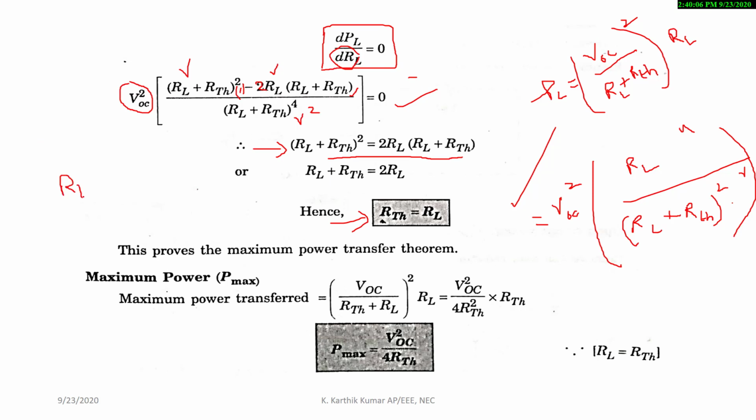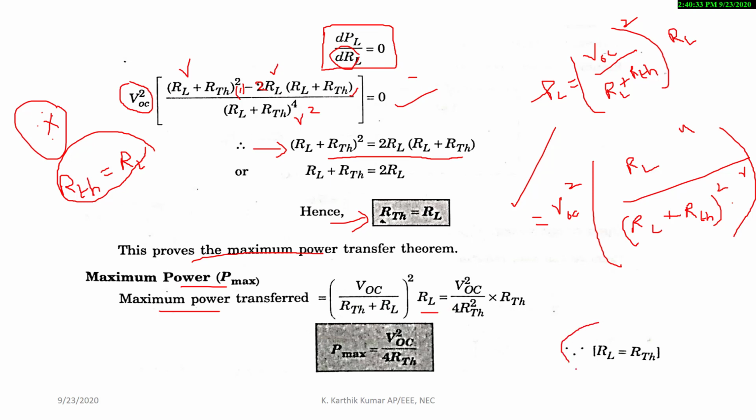After simplification, we get Thevenin's resistance RTH equal to the load resistance RL, which is a very important equation in the maximum power transfer theorem. This proves the maximum power transfer theorem. Hence, the maximum power P max is given as VOC divided by (RTH plus RL) the whole square, into RL.